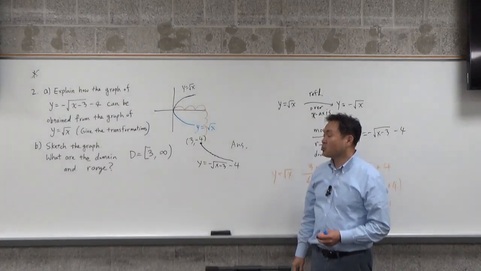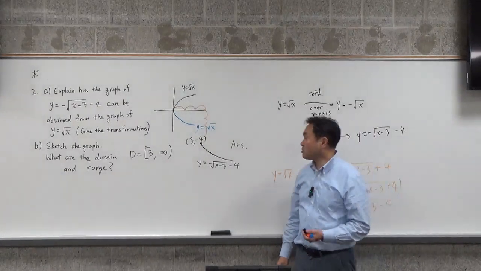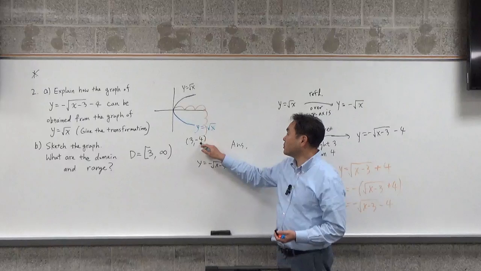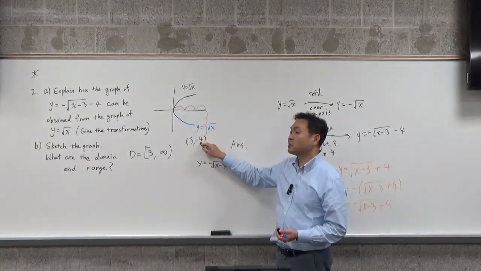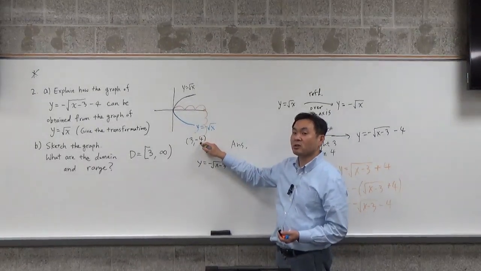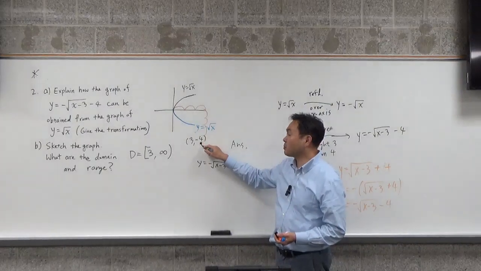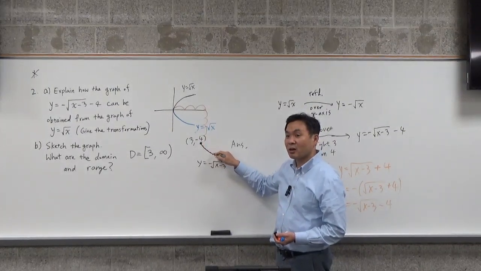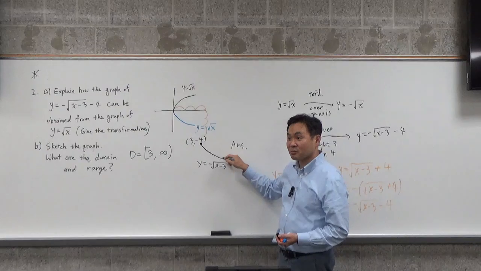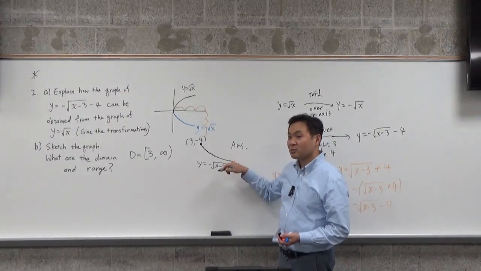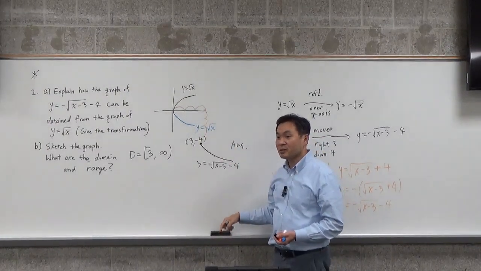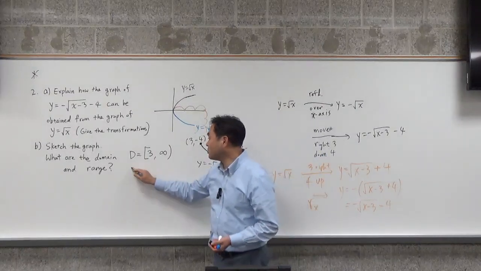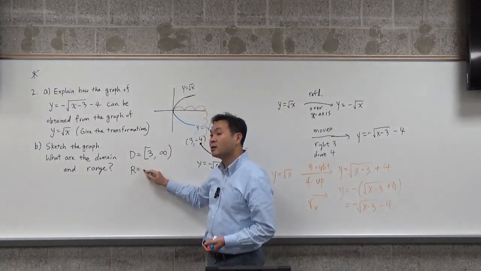Now let's look at the range. Range means the y values. At the beginning point, what's the y coordinate? Negative 4, and then what happens? It keeps going down, so it keeps becoming negative, right? So it goes down to negative infinity. How do you write it?